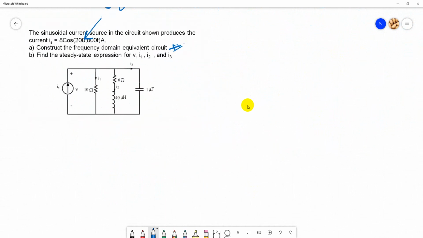Question B, find I1, I2, I3. So you can use the current division rule. So I1 equals to, remember, assume this is Z1, this is Z2, this is Z3. Z2 is basically just this added together because it is in series, 6 plus j8 ohm.